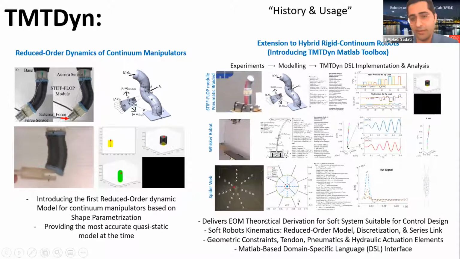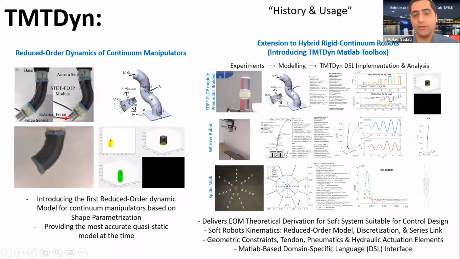So the package I'm going to present delivers the equation of motion through theoretical derivation for the system. That's the main advantage compared to learning-based or finite element approaches. Different kinematics are implemented: reduced order, different types of discretization, and serial-link rigid robot kinematics as well.